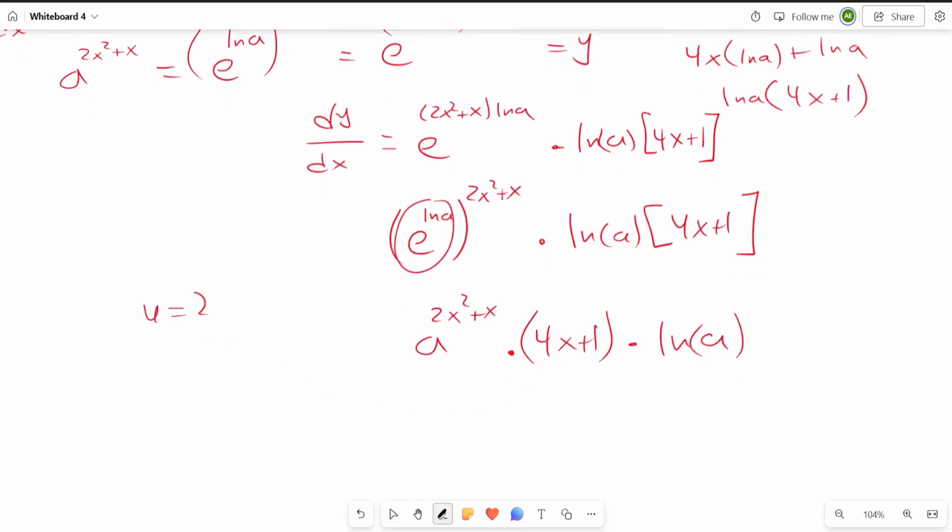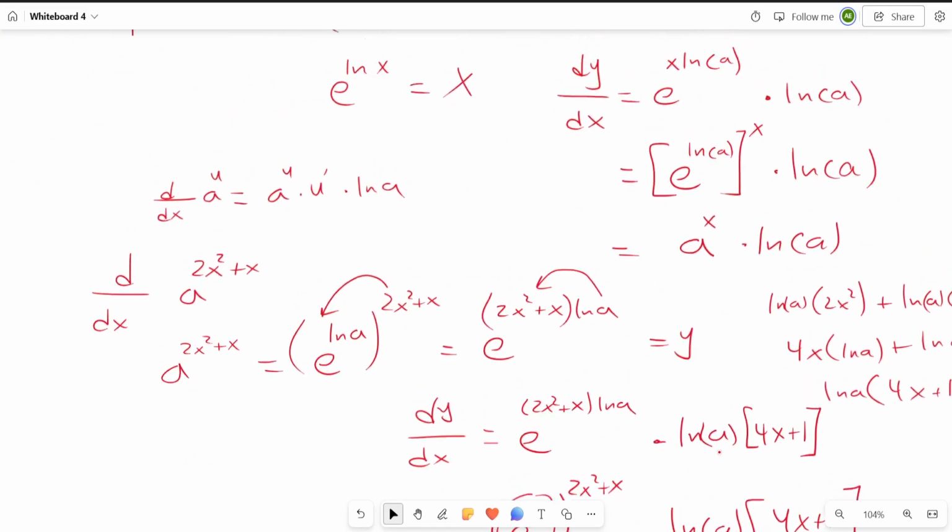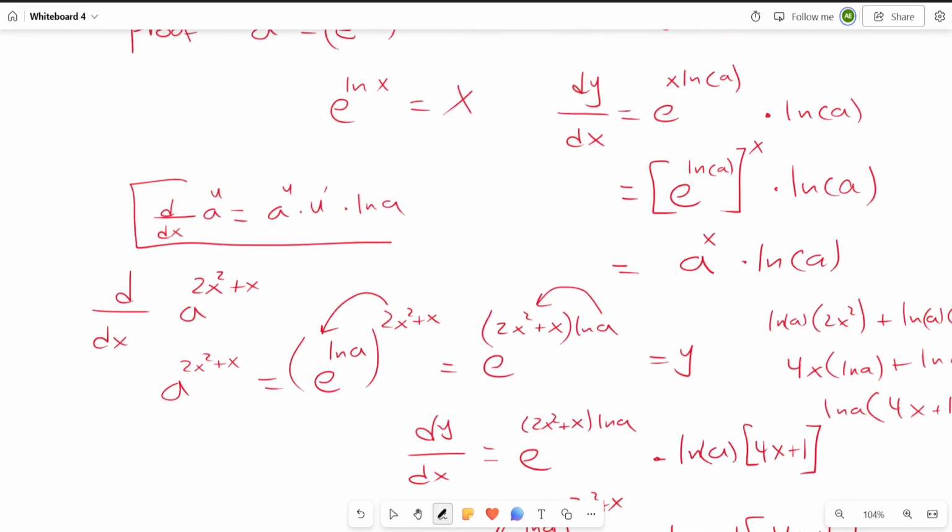If u equals 2x squared plus x, then this is exactly the same as a to the power of u times u dash, the differentiation of u, times ln of a, which is exactly the same as what we wrote over here. So basically the differentiation of a to the power of anything is a to the power of that thing times the differentiation of that thing times ln of a.